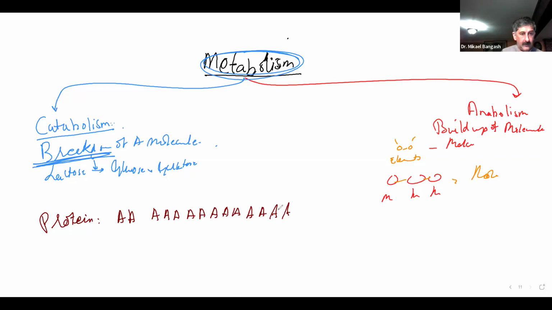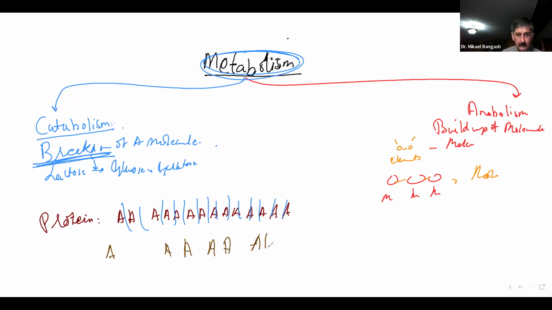When this longer chain of amino acids that makes this protein is broken up for metabolism, what we get as a result is that these amino acids are now free.